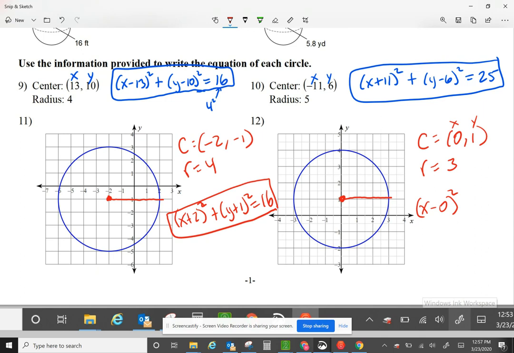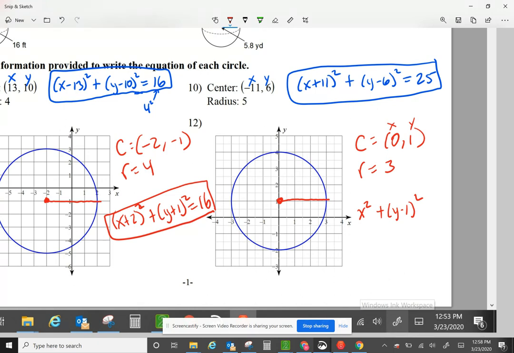However, x minus 0 can be just written in an easier way. So let me write this as x squared, and then y minus 1 squared with a plus in between. Once again, notice that on the x, I just wrote the x by itself because I'm not going to go x minus 0. This is just x. Equals, in this case, 9. The radius is 3. 9 is radius squared.